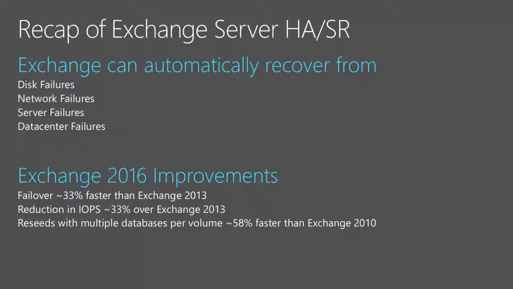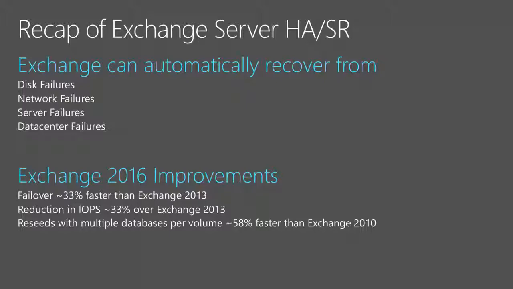We've made some fairly significant improvements in this space for Exchange 2016. As an example, failover is about 33% faster in 2016 than it is in 2013. And for those of you keeping track, 2013 was already 50% faster than 2010. So things are getting faster and faster and faster.